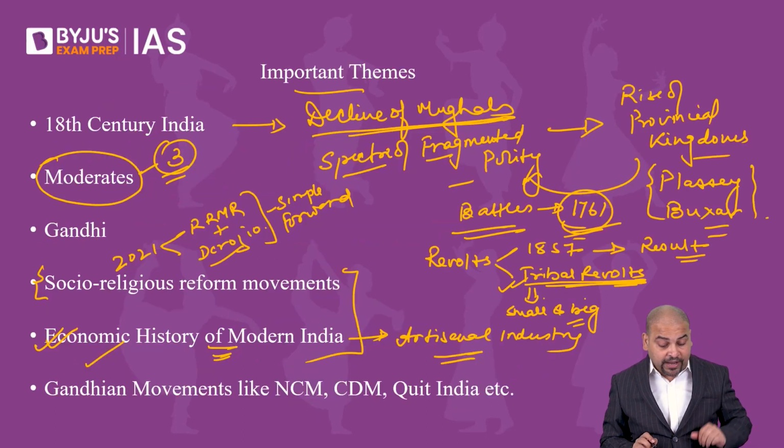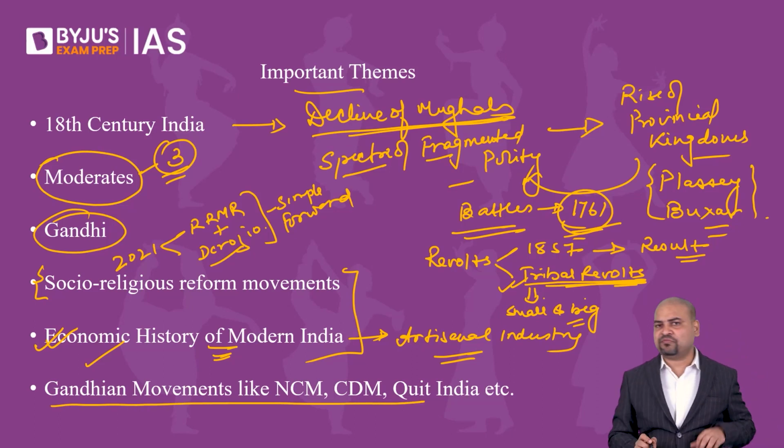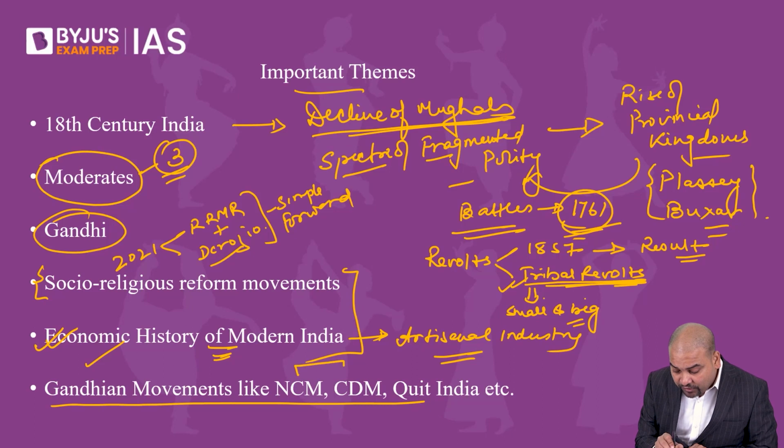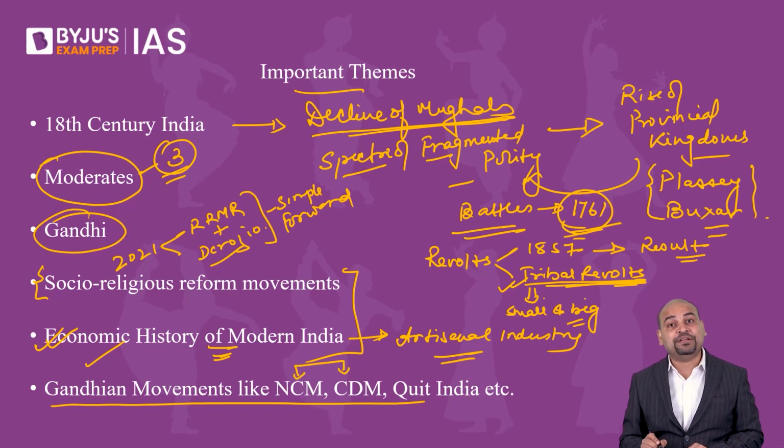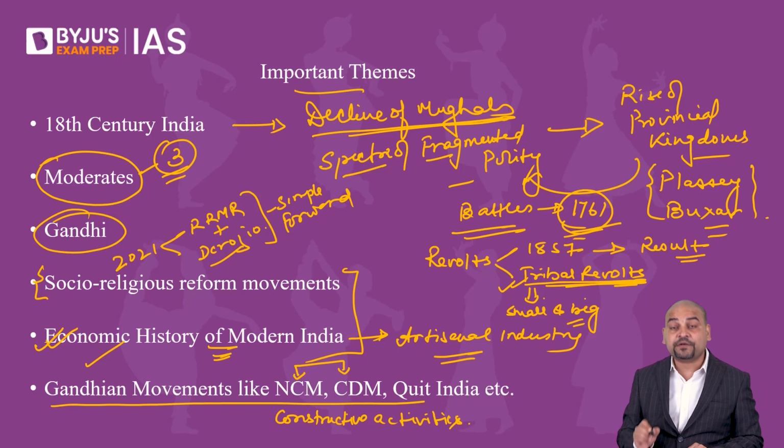Similarly, if we move ahead, see Gandhiji and after this Gandhian movements, there are questions. For example, in 2021, the question was on both NCM and CDM, that what were the constructive activities done during this particular period.